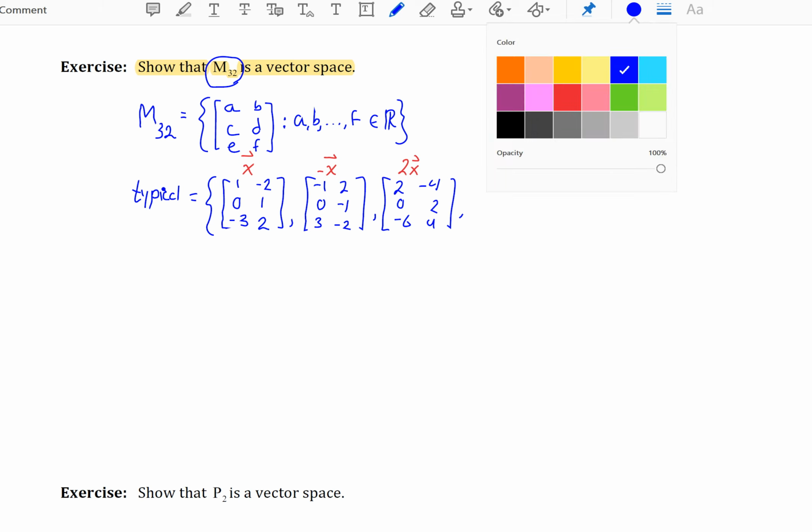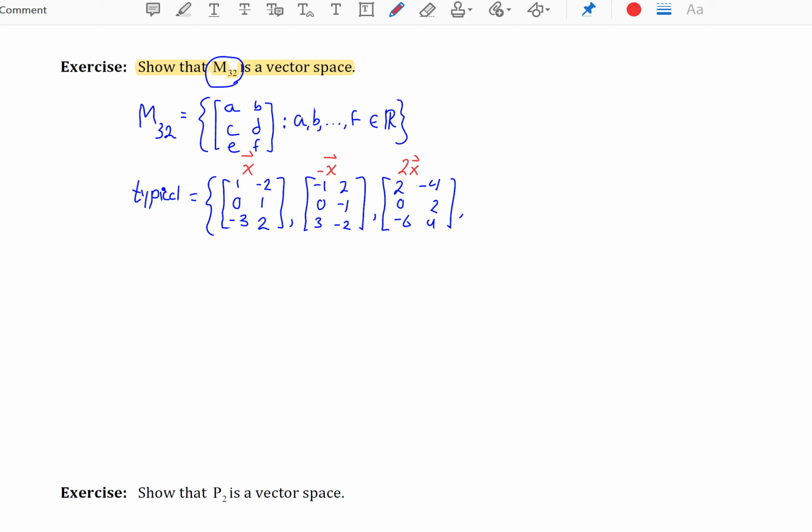We would have to have a 0 vector in the matrix space. So here a 0 vector would look like a matrix of all zeros. And there would be lots of other matrices, of course, but this would be just a couple of them. And let's think about the required properties. The first one, the sum.